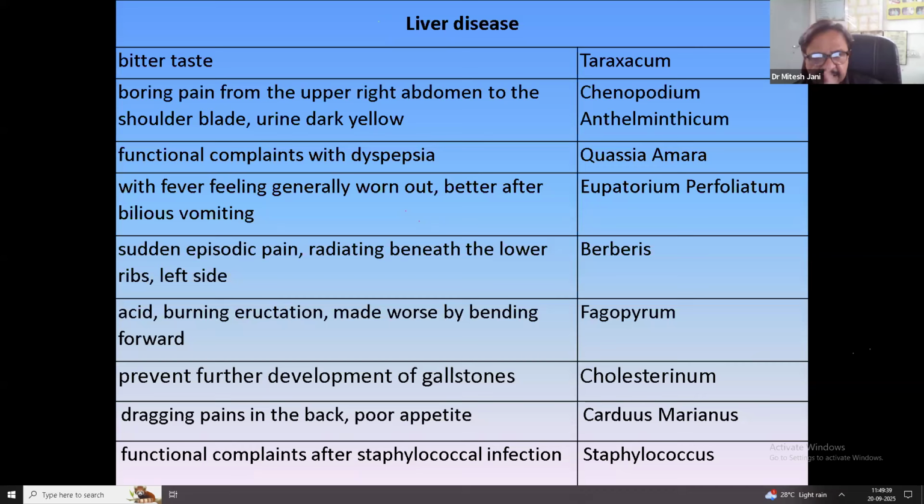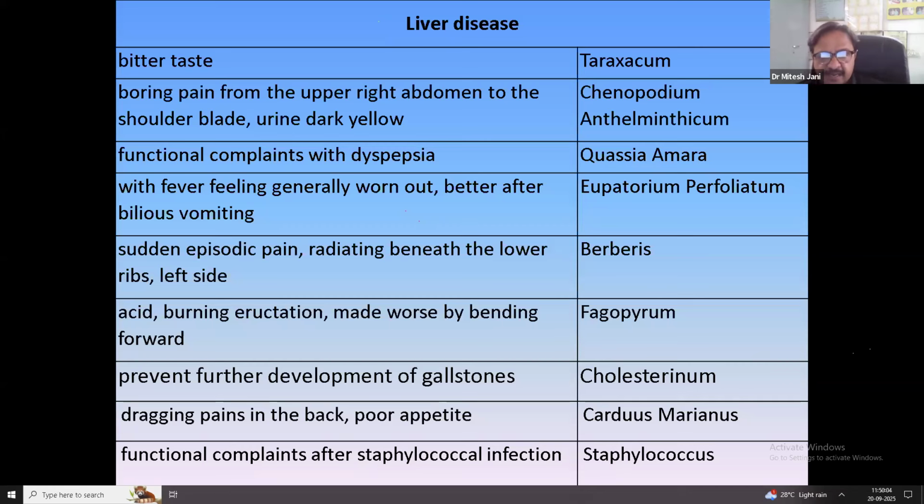See, the liver is on the right side, but in liver disorder with radiating pain beneath the lower ribs on the left side, Berberis is indicated. Acid burning irritation made worse by bending forward, Fagopyrum. To prevent further development of gallstones, polystyrene.